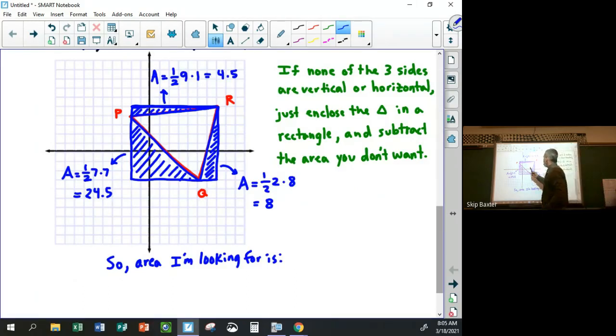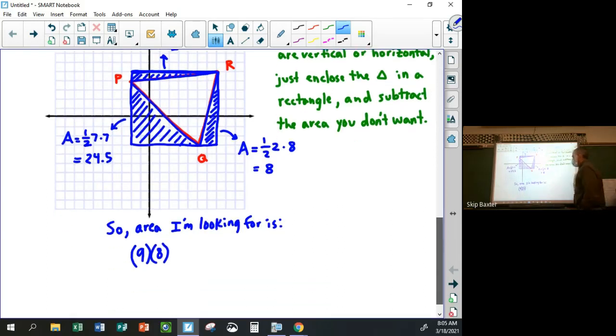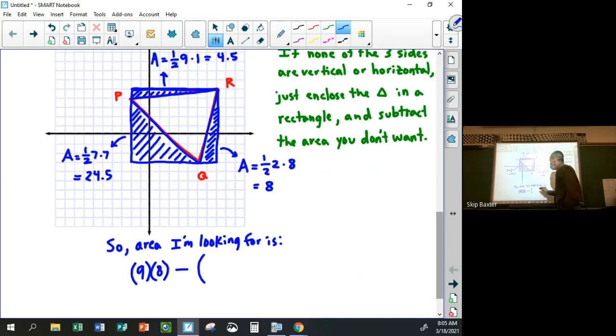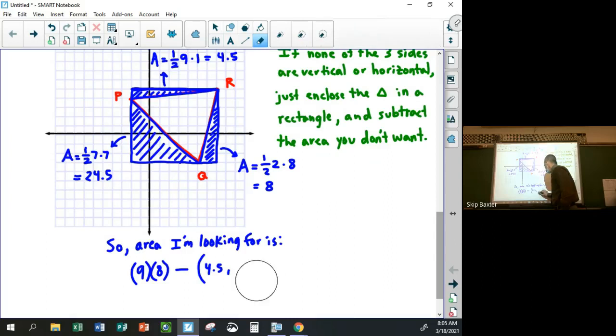So the area of the rectangle, if I count squares, is 1, 2, 3, 4, 5, 6, 7, 8, 9 times the height, 1, 2, 3, 4, 5, 6, 7, 8. Right? That's the area of the rectangle. Minus those 3 triangles, which are 4.5, 24.5, and 8.